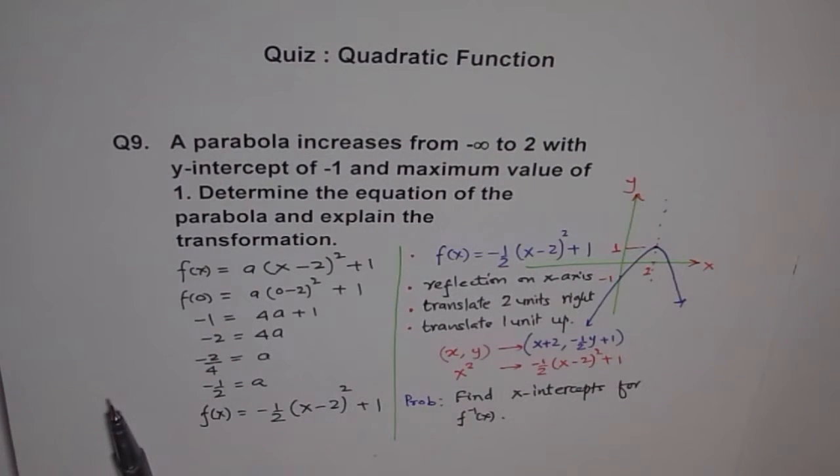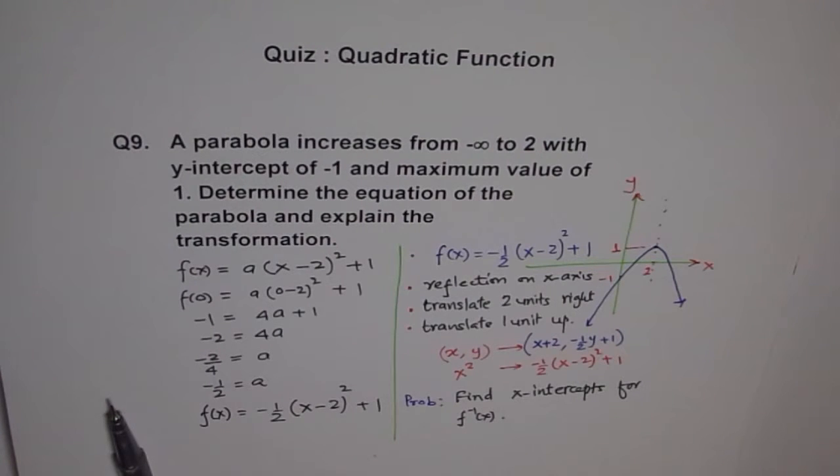So f inverse of x is here, and you have to find its x-intercepts. To find x-intercepts, you have to find the value of x for which f of x is 0, so you plug in 0 and get your answer. It's kind of an inverse of a function operation.